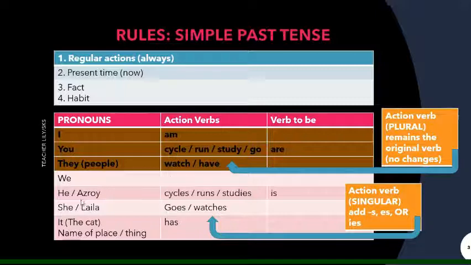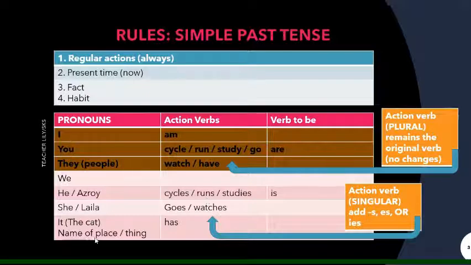Next one is singular. For example, number one, he, and then the name of someone, a boy, a man, Azroy. She, Laila. It, the cat, or the name of a place or thing. Example: he cycles, Azroy cycles, she goes, Laila watches, it has, it goes, it runs.